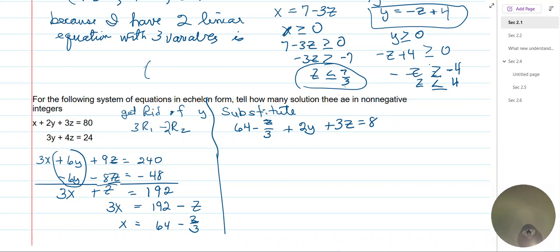Okay, so I've substituted that, and now I'm going to combine like terms. Now this is a mess, isn't it? So I need threes on that. So first, let me subtract the 64. Get it out of the way.